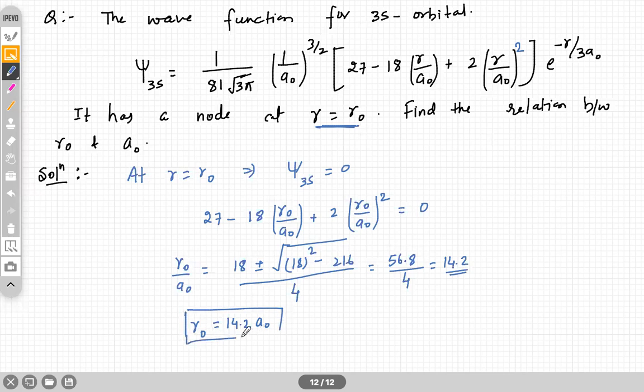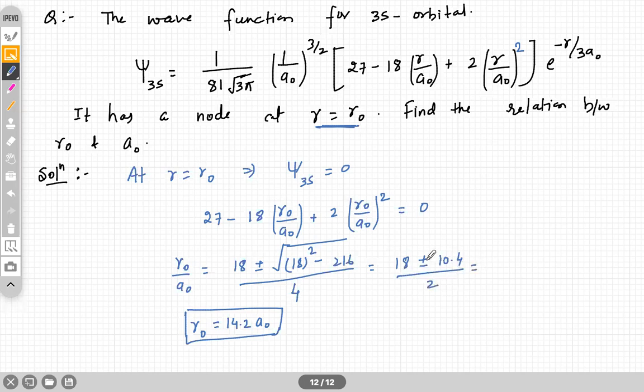One relation is this. Since we have plus minus here, we'll get one more value of it, the exact value. I'll write down how we get this. The exact value we get here is like this. You'll have 18 plus minus 10.4 by 2.